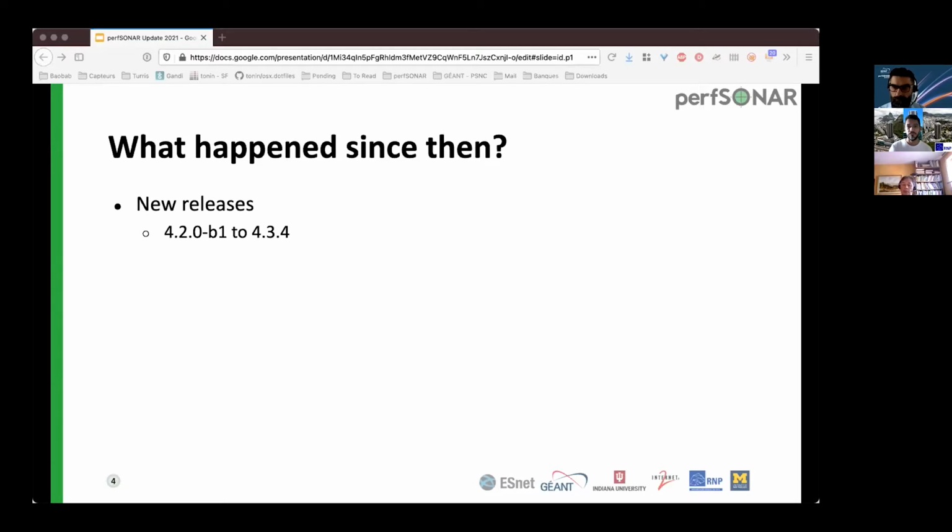So that's two major releases that have been out. What we call a major release is a change in the second number in the release numbering. And it has brought some new features that I will go through quickly a bit later in my presentation.